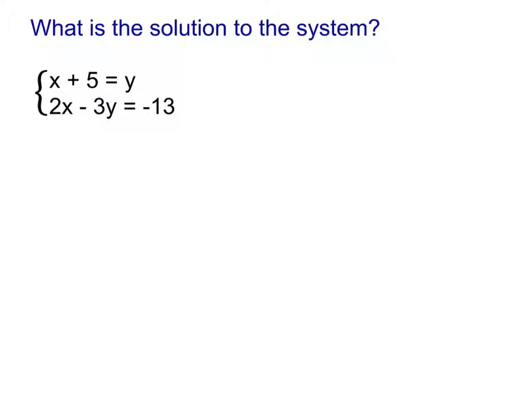Now in this case, you don't have the same options you had last time. In the last one, you could have plugged in either way. In this case, it's actually really prescriptive about what you're going to plug into what, because we only know what y equals. And so I'm going to take this x plus 5, and I'm going to plug it in for y in the other equation, because that's the only one that I know what it equals.